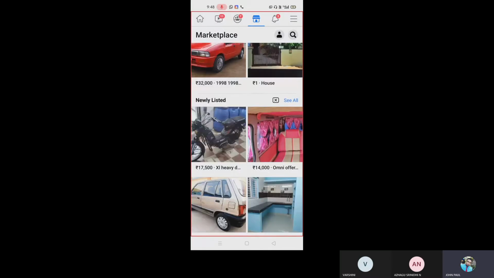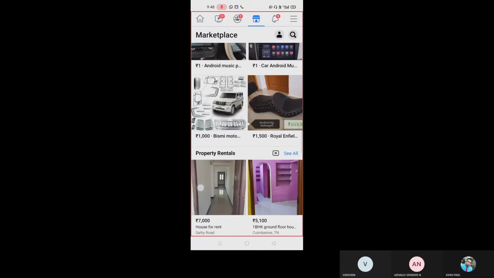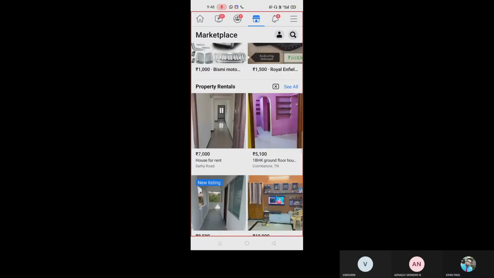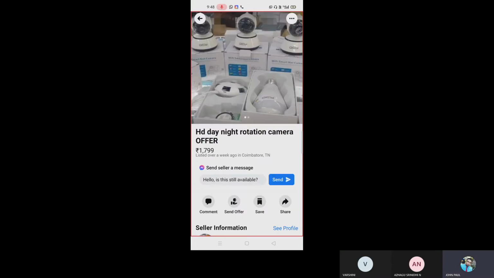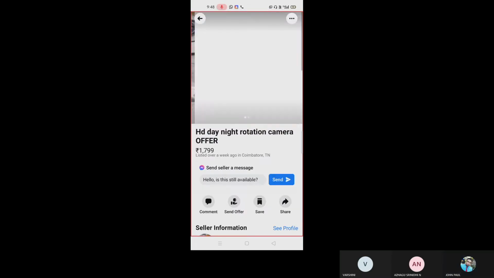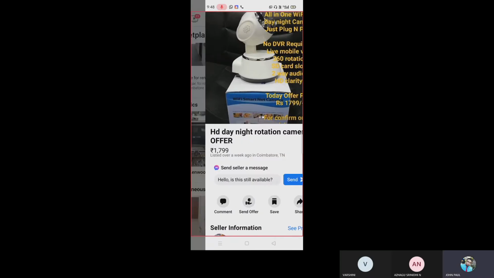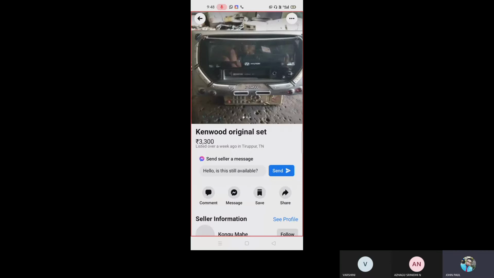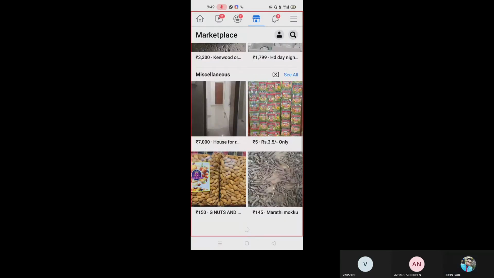Anything we can sell. You can see cameras, Wi-Fi cameras, stereos.